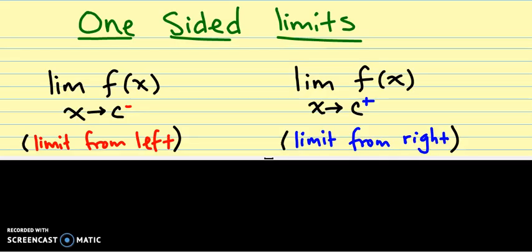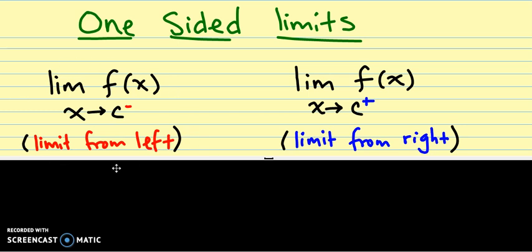Now I'm going to talk about one-sided limits. In the previous example, I talked about the left side of f of x and the right side of f of x at x equals 1. That's pretty much what one-sided limits are. Here we have the limit of f of x as x approaches c from the negative side, which is the limit from the left.